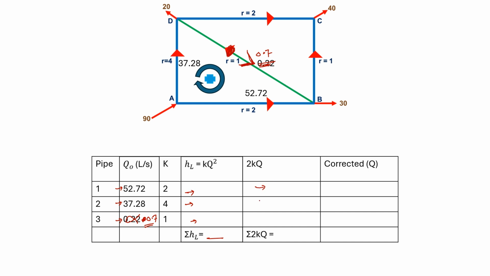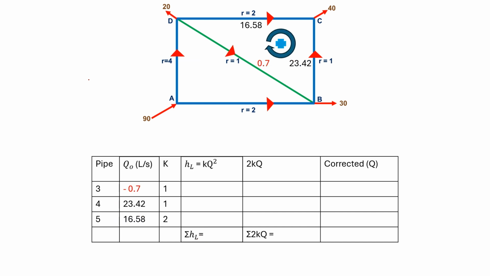If this is not equal to 0 or near to 0, we will again apply the correction, that is delta Q equal to minus summation of HL divided by summation of 2KQ. In the same way as we applied during the last two trials, trial 1 and trial 2, moving towards the same two loops, loop 1 and loop 2, we will be applying all the corrections, and we will keep moving until we get the answer of delta HL approximately equal to 0.